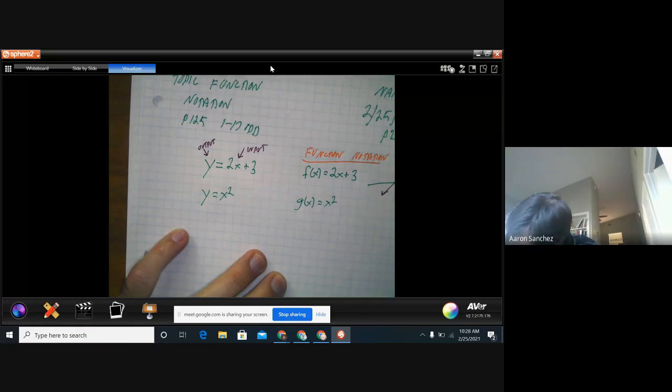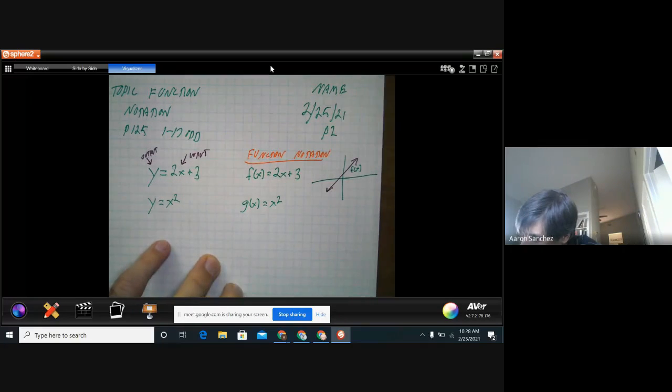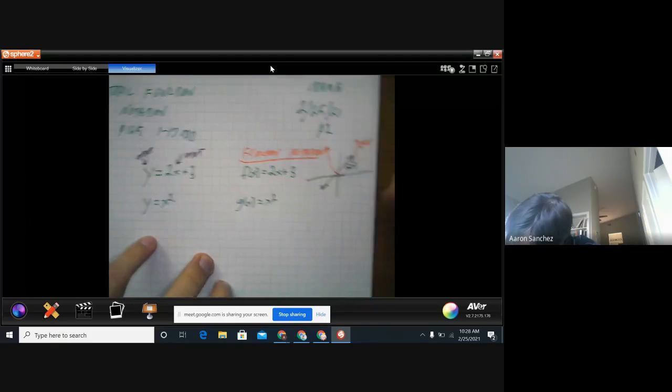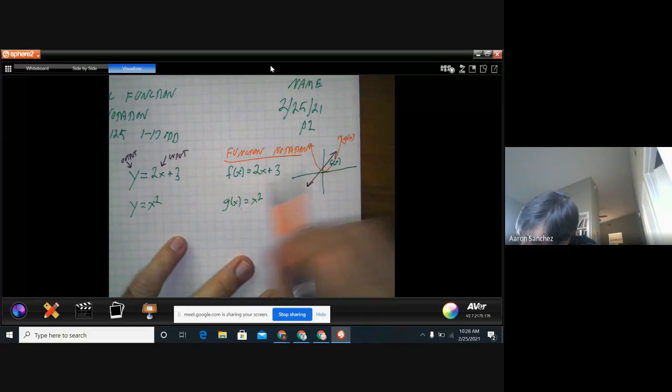Then you know that graph goes with this function because it has f of x. And with g of x, I can do another graph that represents my x squared, and I can label it g of x. Since this has g of x next to it, you know it goes with that equation.